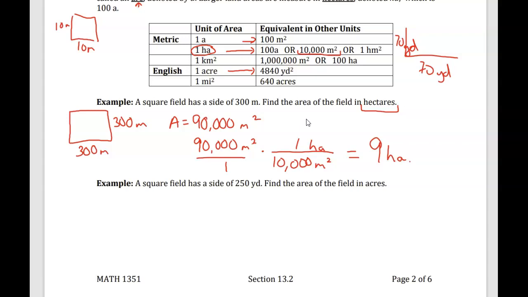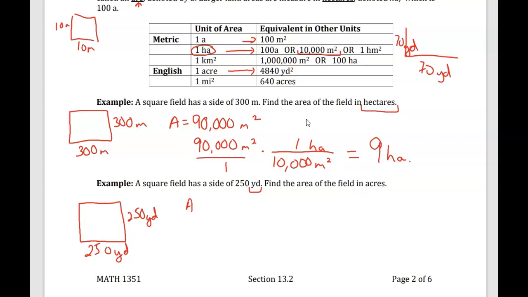Again, the hectare and the are we don't use very much. We tend to think of it as yards and acres. So let's look at the square field that has yards. So we've got, I'm sorry, 250 yards by 250 yards.